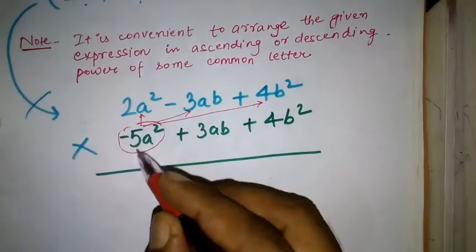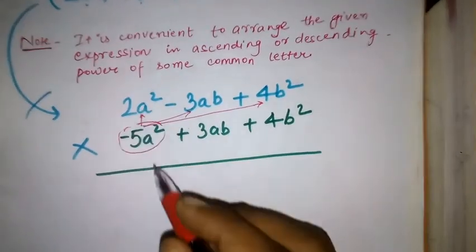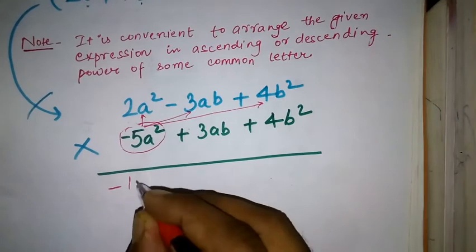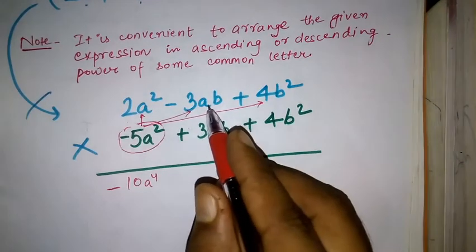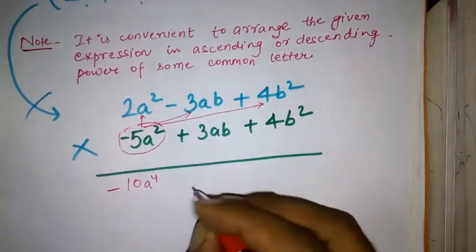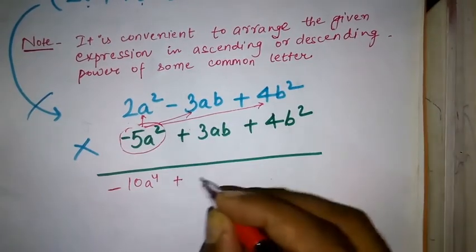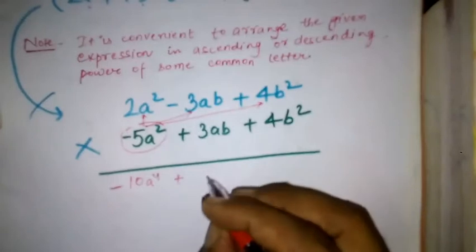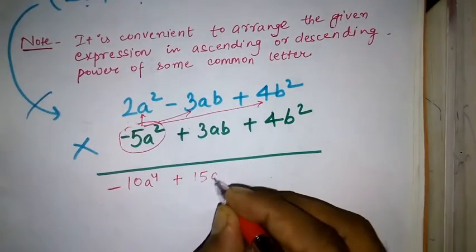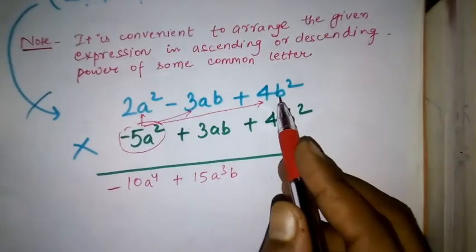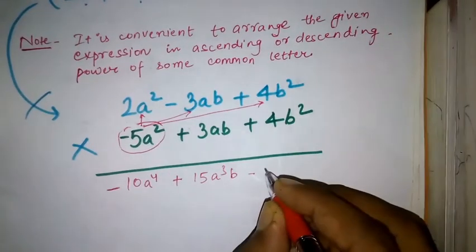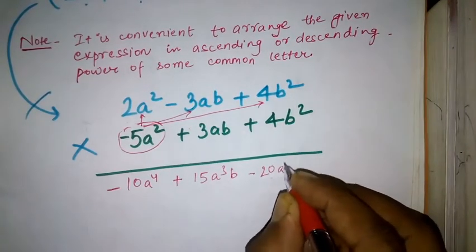So minus 5a square into 2a square is minus 10a raised to the power 4. Minus 5a square into minus 3ab gives 15a cube b. Minus 5a square into 4b square is minus 20a square b square.